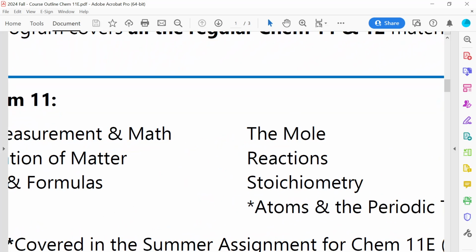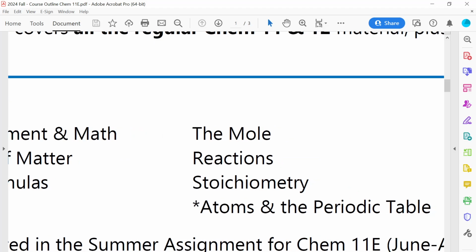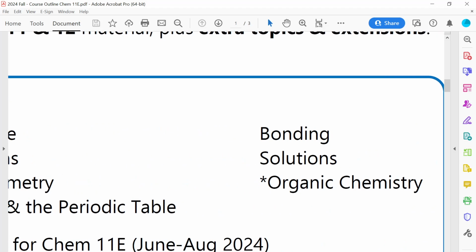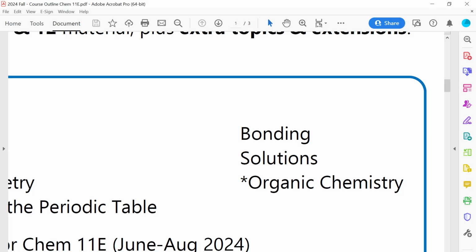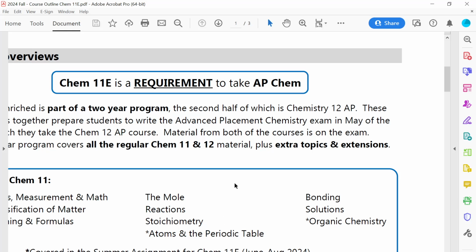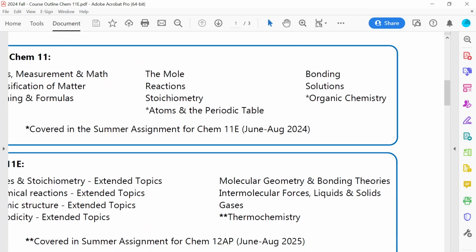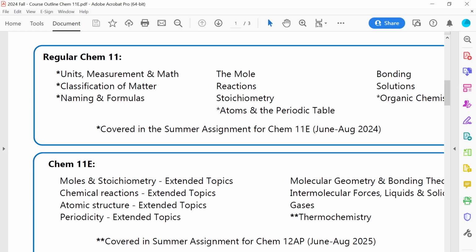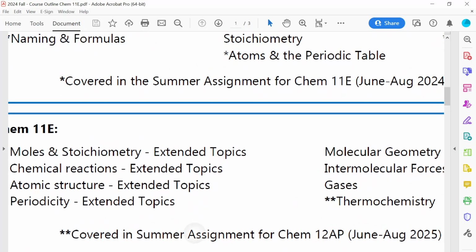And after the mole comes reactions and then stoichiometry, atoms in the periodic table, bonding, solutions, and organic chemistry. Now, what we do is we start at the mole and we do extended topics in addition to the grade 11 stuff in moles and stoichiometry, reactions, atomic structure, periodicity, molecular geometry, intermolecular forces, gases, and thermochemistry.